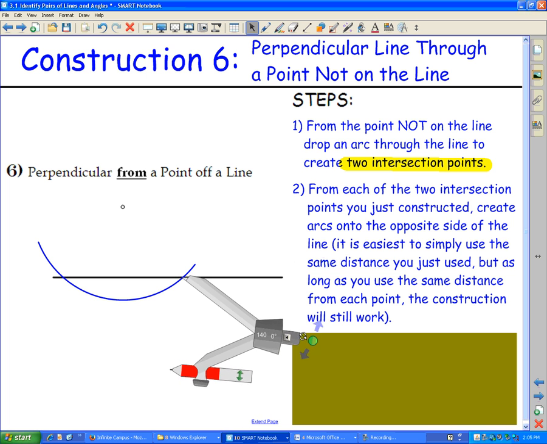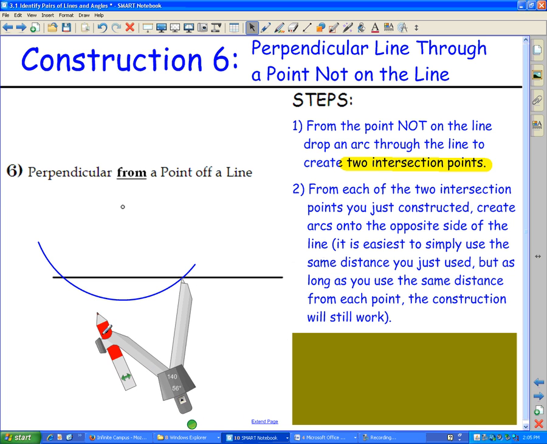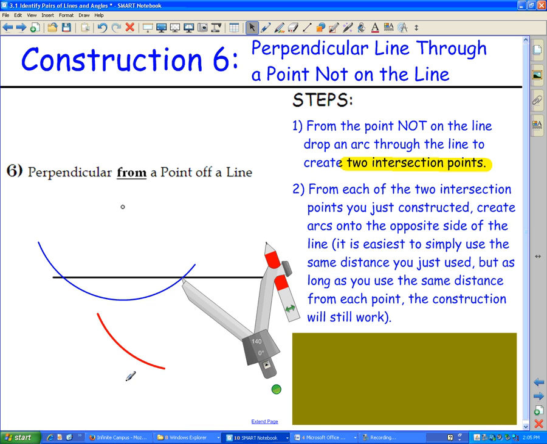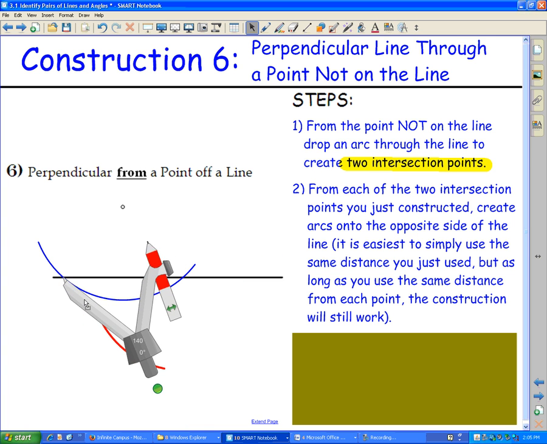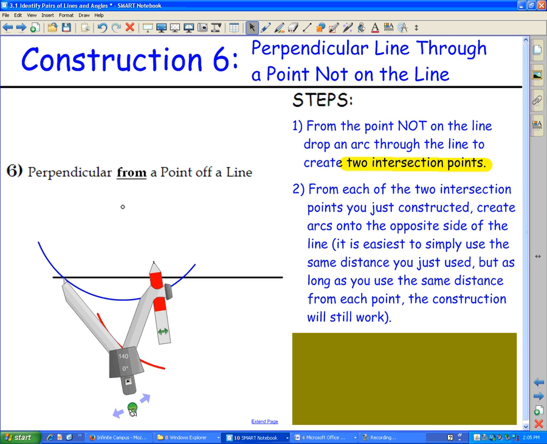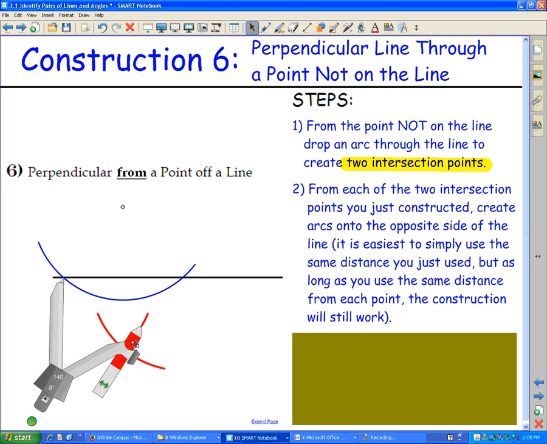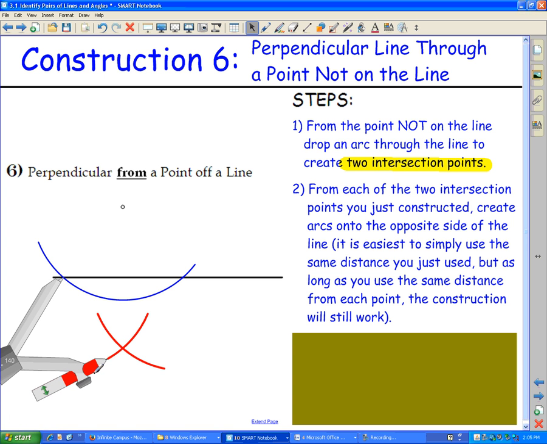So I'm going to pick it up, set it down, and make an arc. I'm going to flip it over so that I can go to the other intersection point, like that. And once again, come down and make an arc. That creates a lovely mirror image point of the point above.